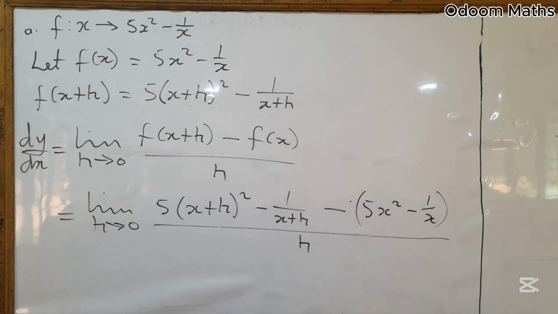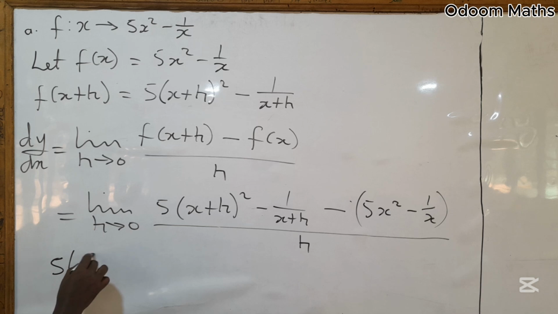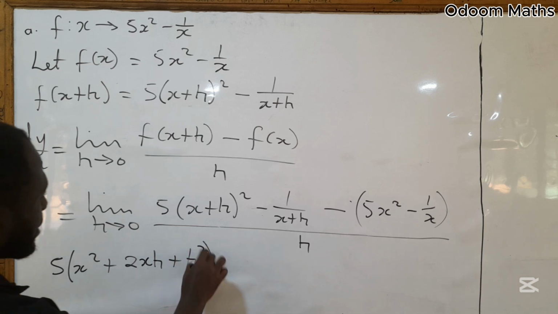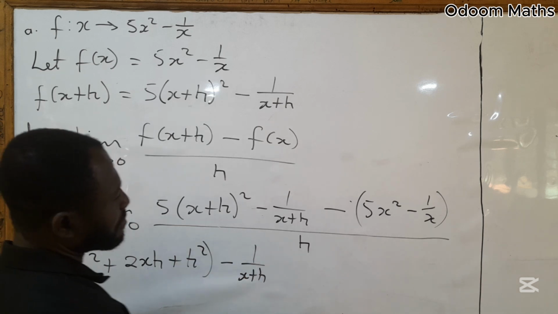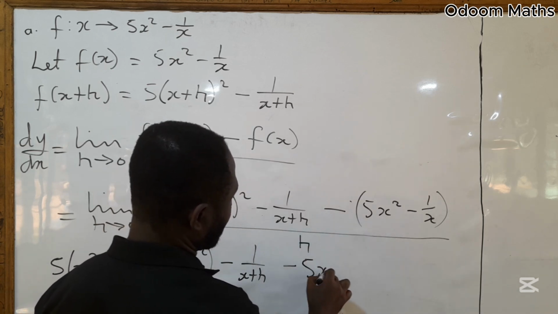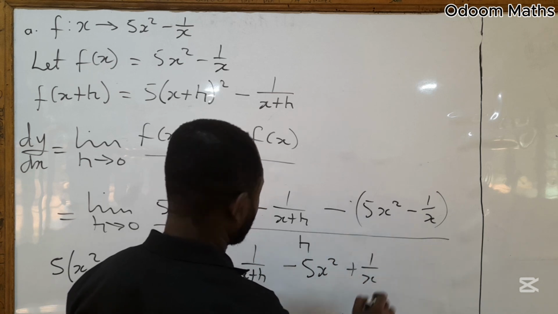So I have 5, and I'm expanding this straight away: 5 into brackets x squared plus 2xh plus h squared, then minus 1 over x plus h. Then here we have minus 5x squared plus 1 over x.